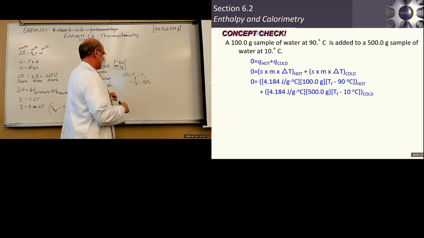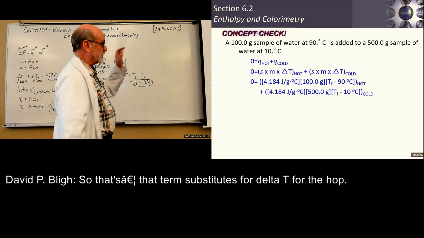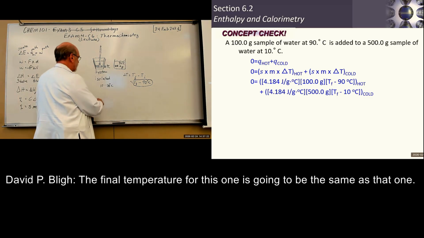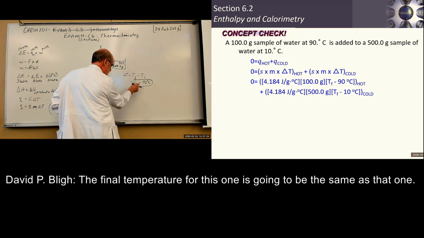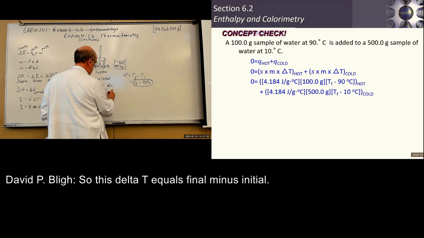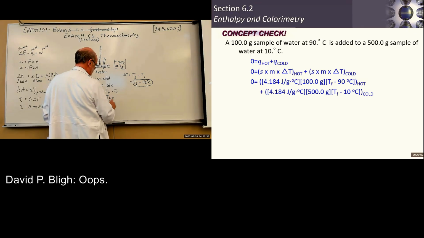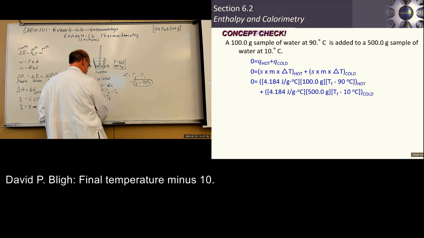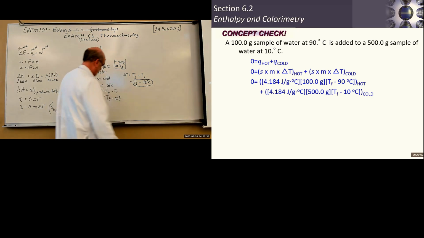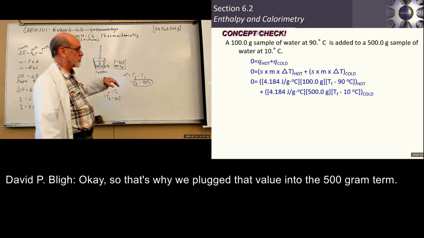So that term substitutes for delta T for the hot. The final temperature for this one is going to be the same as that one. So this delta T equals final minus initial, and it's going to be final temperature minus 10 degrees C. So that's why we plug that value into the 500 gram term.